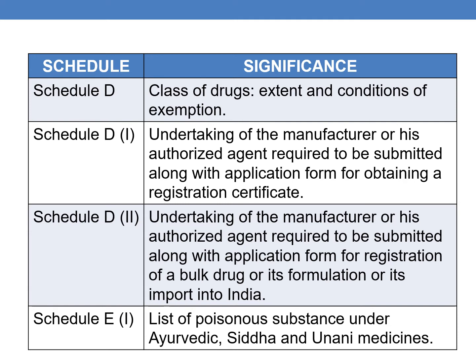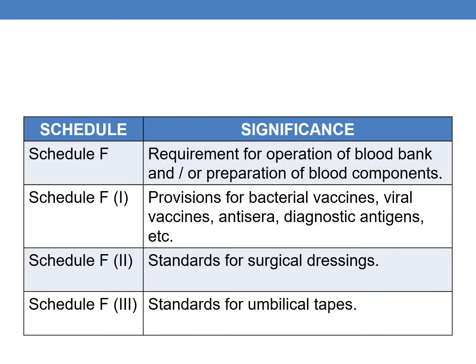Coming to Schedule E1, it is a list of poisonous substances under the Ayurveda, Siddha and Unani medicines. Coming to Schedule F, it deals with requirement for operation of blood bank or for the preparation of blood components. So Schedule F deals with blood bank and the preparation of blood components.